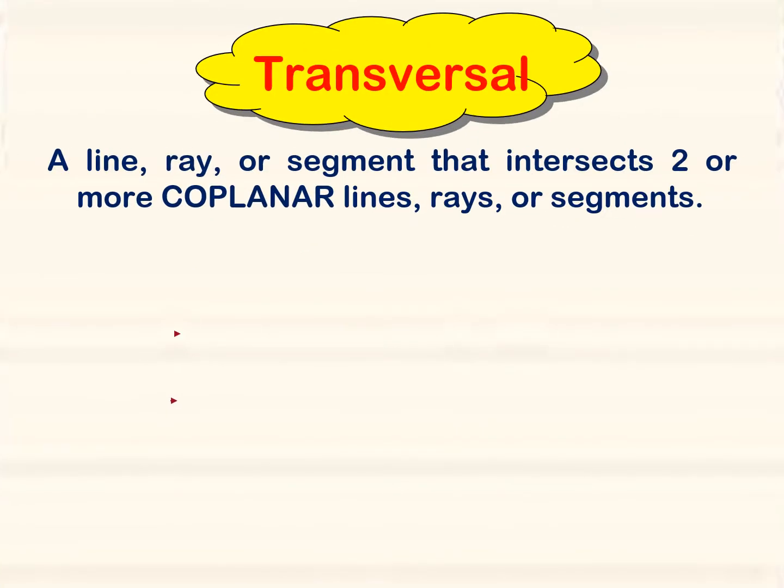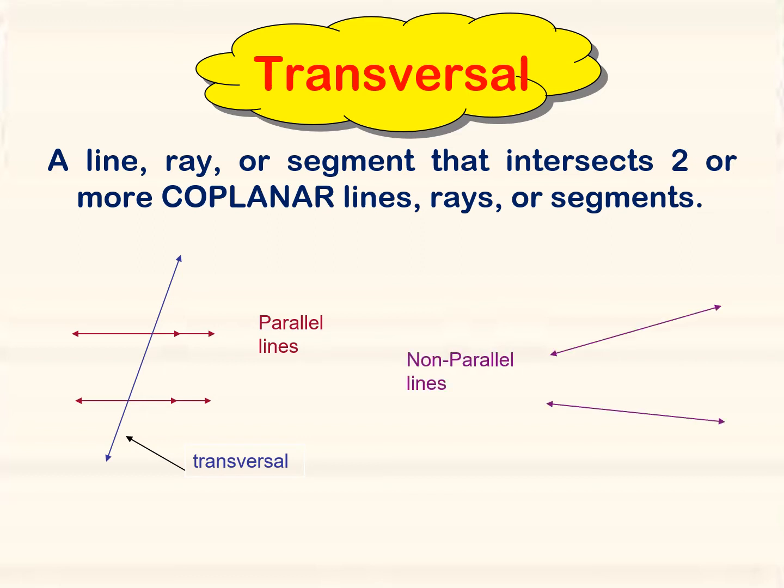What is a transversal? A transversal is a line, ray, or segment that intersects two or more coplanar lines, rays, or segments. Coplanar means they lie on the same plane. So if we have two parallel lines and it is cut by a line, we call it a transversal. And if we have two non-parallel lines cut by a line, the line that is cutting the non-parallel lines is also called a transversal.